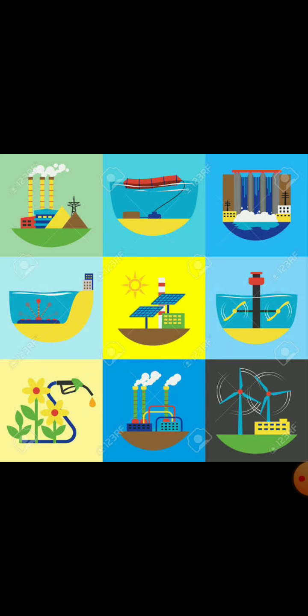Also, we learned improvement in the technologies like biomass and wind energy. Then we talked about non conventional sources of energy, in which we studied solar energy, also energy from the sea, then geothermal energy, as well as nuclear energy.